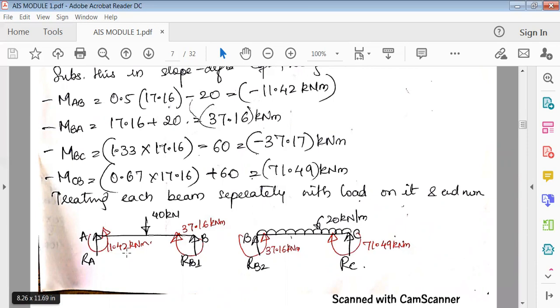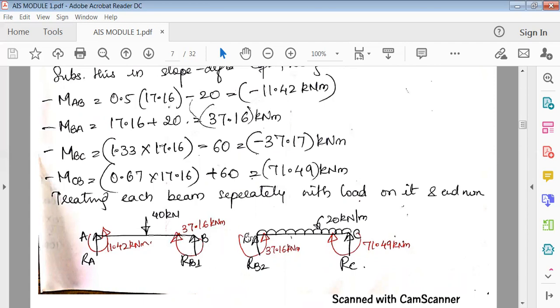Similarly, in BA it is plus 37. Plus sign indicates the moment is positive, so I've shown it clockwise. Minus I've shown anti-clockwise, plus I've shown clockwise.